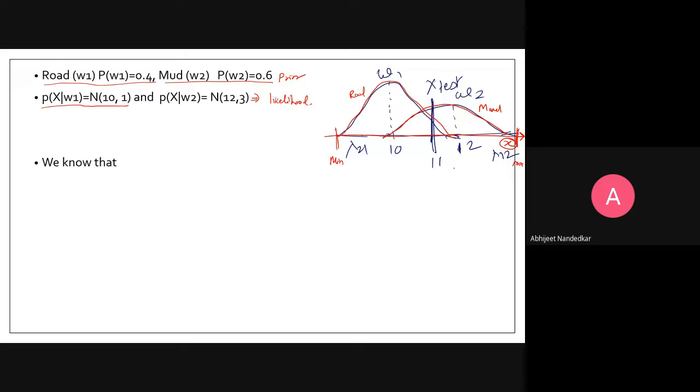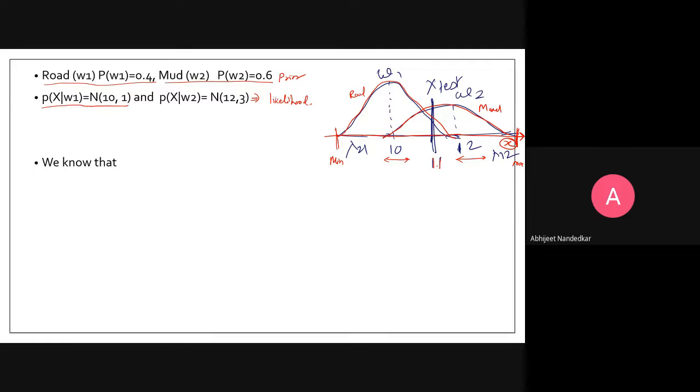If you are traveling on road, it is in the range of 10, that is, the mean value is 10. And when you travel through mud, it is of the order of 12, or the mean value is 12. Depending on what I receive, I have to decide whether this is mud or road.